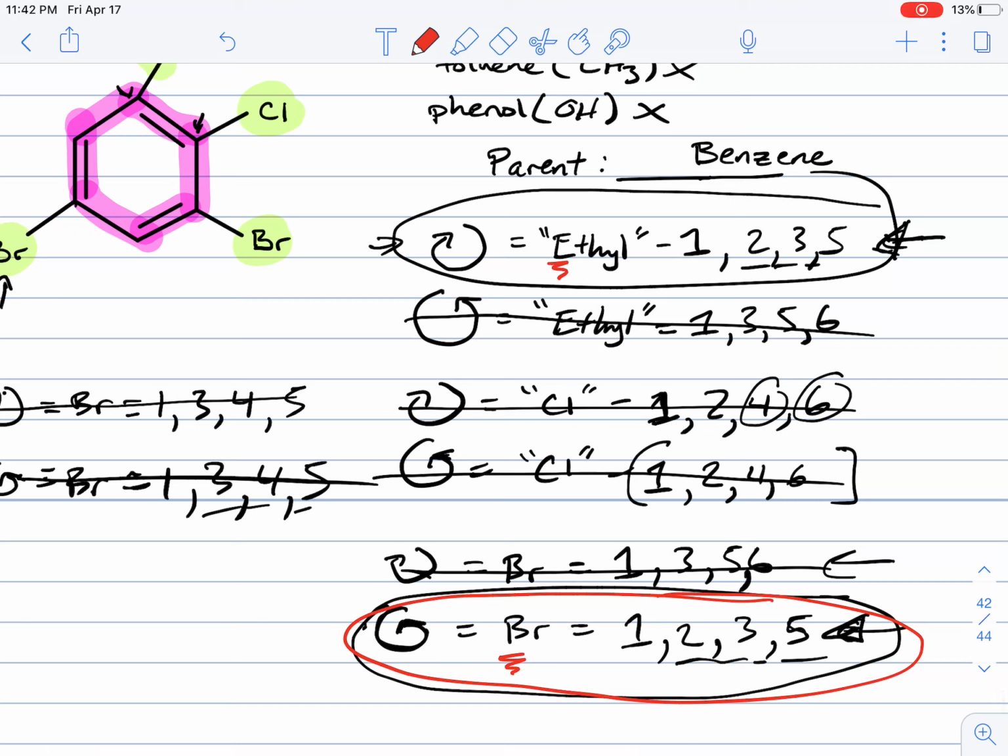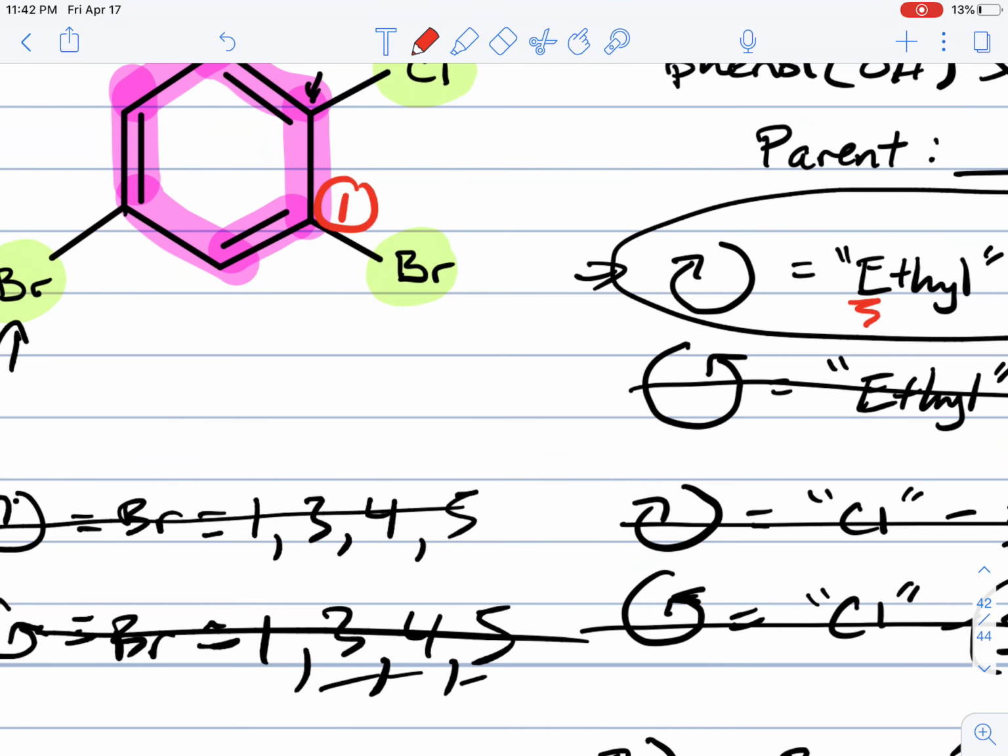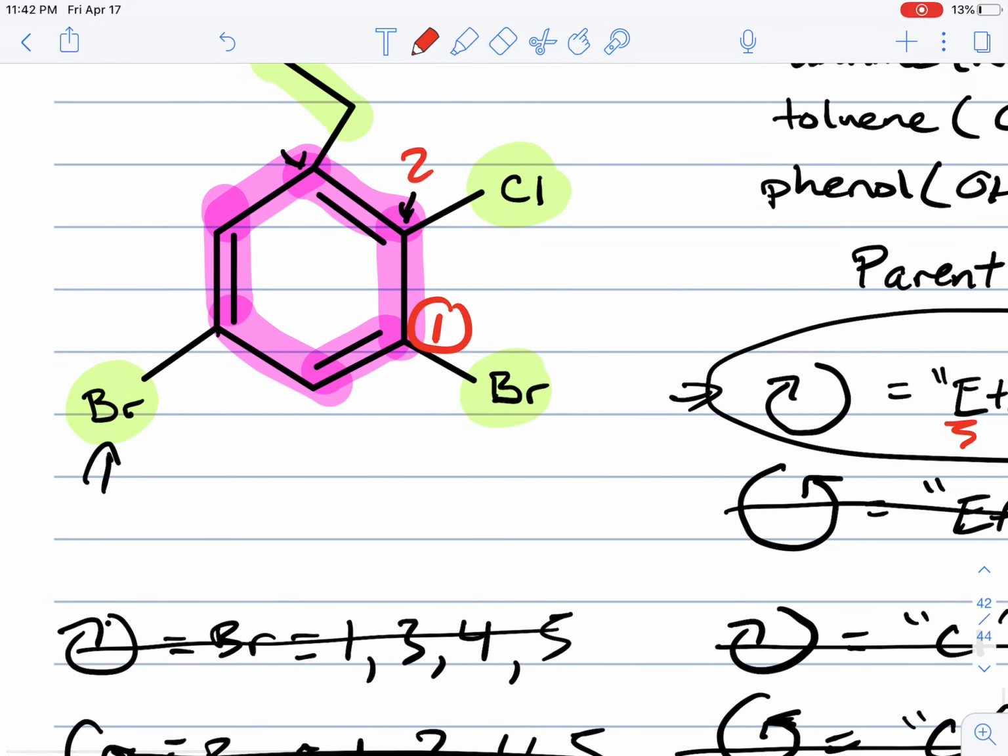And so the bromine, the first bromine that we see, that's going to be carbon 1, and we're going to number it counterclockwise. So this is 2, 3, 4, 5, and 6.